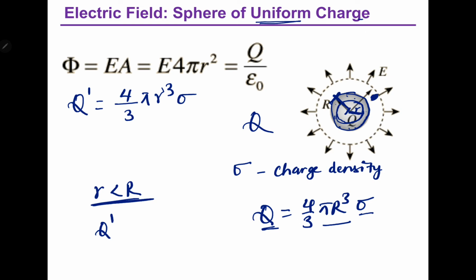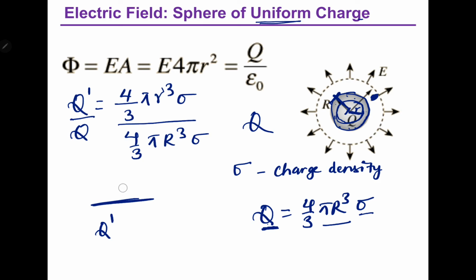So to find the relationship between this q dash and the Q, that is, to express the charge inside this smaller Gaussian surface in terms of Q, the total charge, I can just divide here by Q, and on the other side also 4 by 3 pi capital R cube sigma, right?